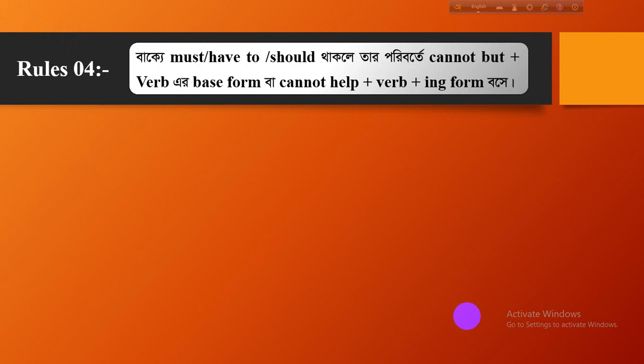কোনো বাক্যে must, have to, has to, should থাকলে তার পরিবর্তে cannot but plus verb base form বা cannot help plus verb ing form বসে। So simply we can say, if there is must, have to, has to or should in a sentence, in replace of them we can use cannot but plus verb base form, or we can use cannot help plus the present participle form of a verb, that means the ing form of a verb.